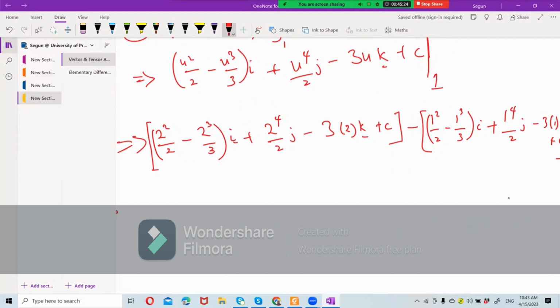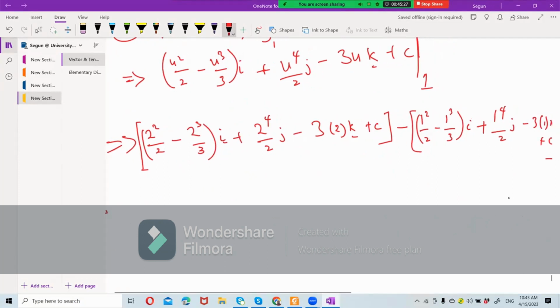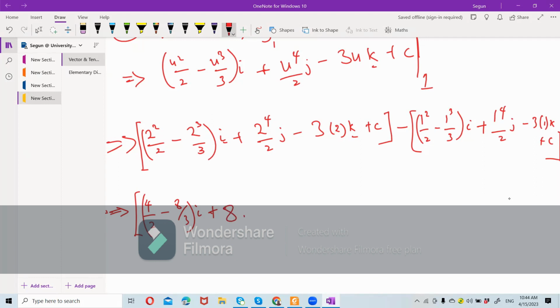Then we proceed by saying, which implies that we have 4 over 2 minus 8 over 3, I, plus this one. By the time you do this, you have 2 raised to power 4, what is it? Anybody? 16. 2 raised to power 4 is 16. 16 divided by 2, that's 8. 8J, thank you.